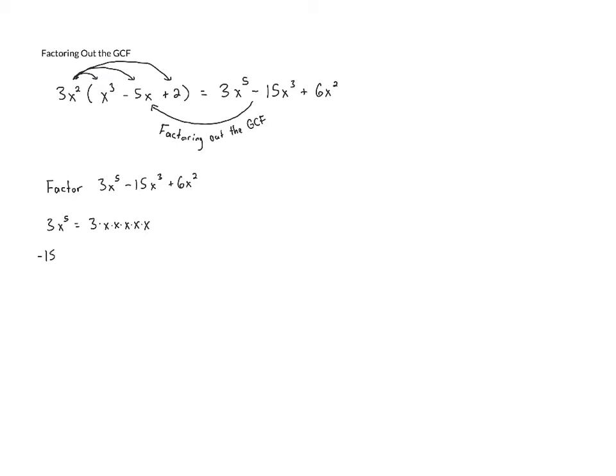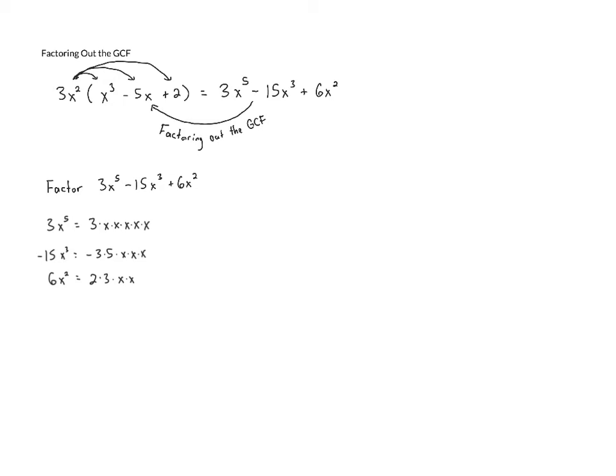Now, negative 15x cubed is negative, and 15 factors down to 3 times 5, and x cubed is x times x times x. And then 6x squared: 6 can also be factored, it's 2 times 3, and x squared is x times x.